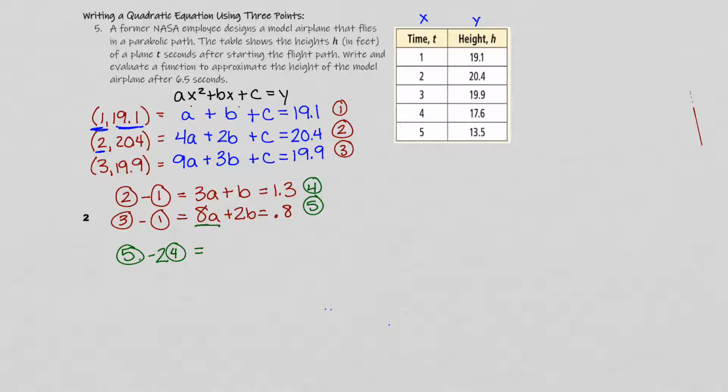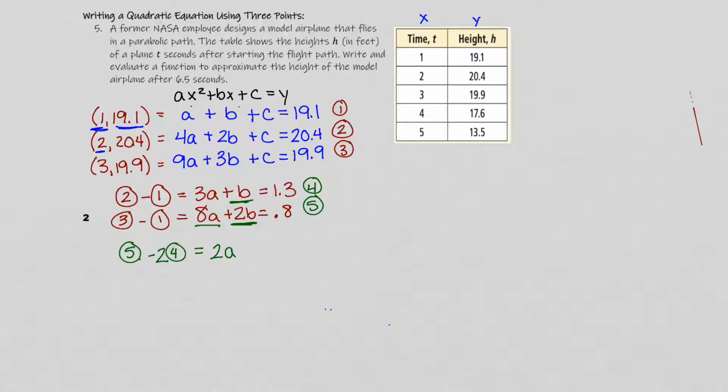So equation 5 is 8a minus 2 times equation 4. So that's a negative 6. So I have 8a minus 6a is 2a. And then I have 2b minus 2 times 1b, which is 2b.